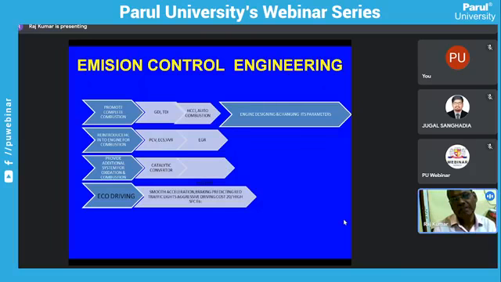And the fourth one, not the least, is eco driving. We cannot make our vehicles 100% pollution free, but eco driving means driving practice: how to drive our vehicles.